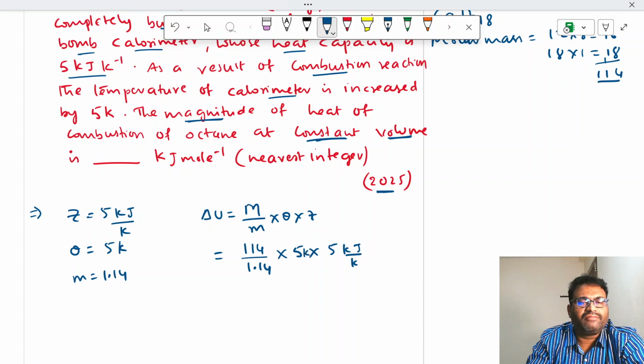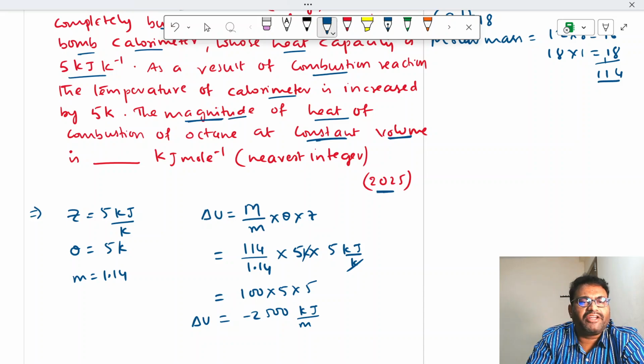So what do you get? 100 into 5 into 5, which is 2500 kilojoule per mole. Heat of combustion is actually minus 2500, but it is asked only for the magnitude, so it is 2500 kilojoule per mole.